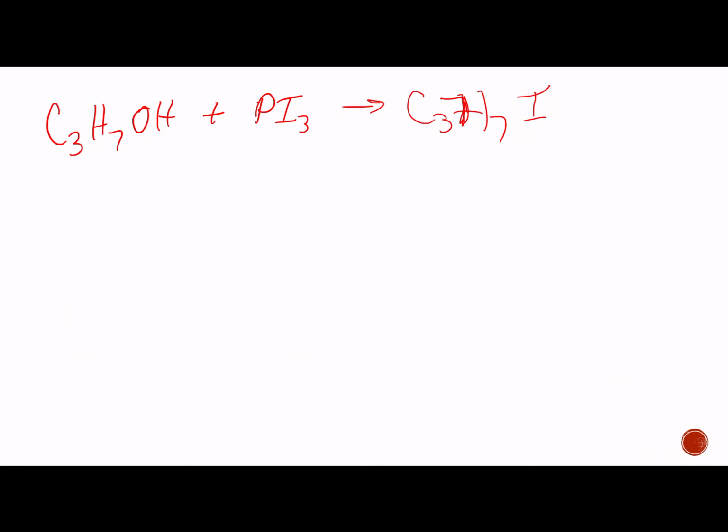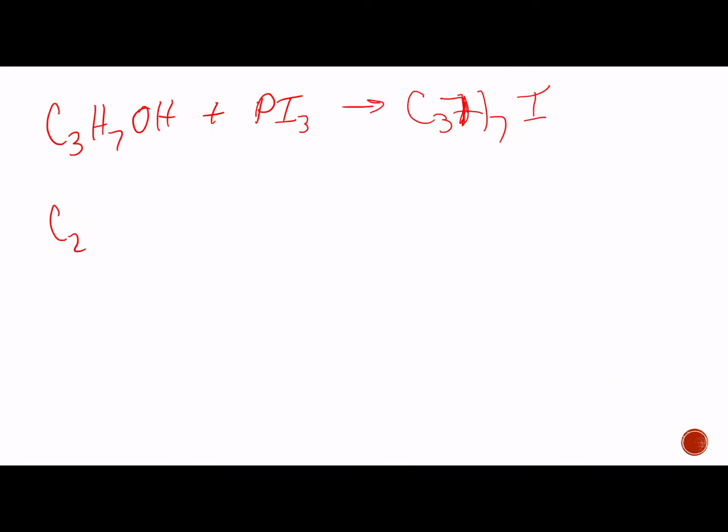So then if I had C3H7OH plus PI3, what would be my major organic product? And you don't need to write the others. So it would be C3H7I.